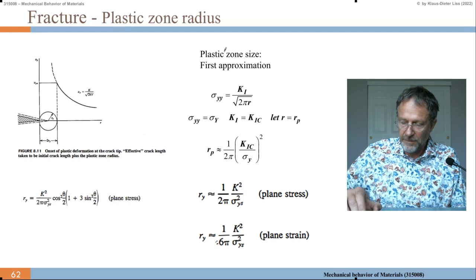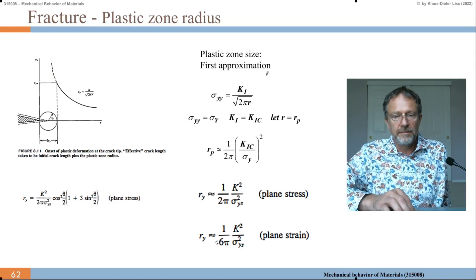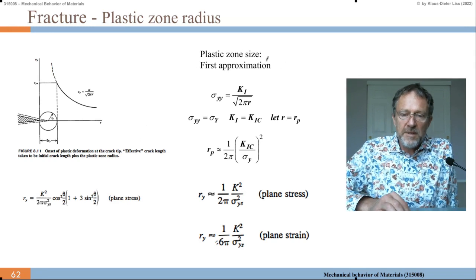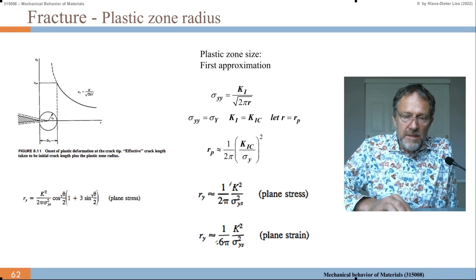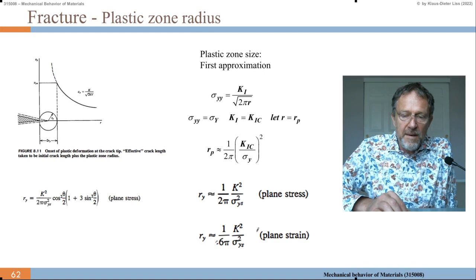If you now look in the first approximation at the plastic zone size, then again sigma yy is shown here, the same equations as before, and we get the radius of the yield sphere approximately 1 over 2 pi K squared over sigma yield squared, and for the plane strain we get 1 over 6.